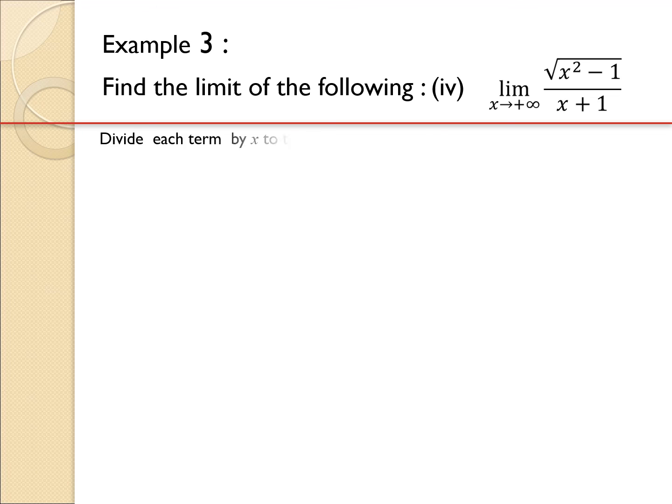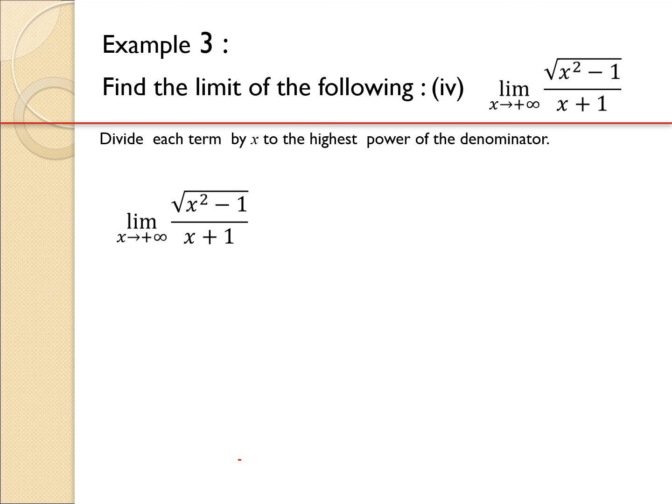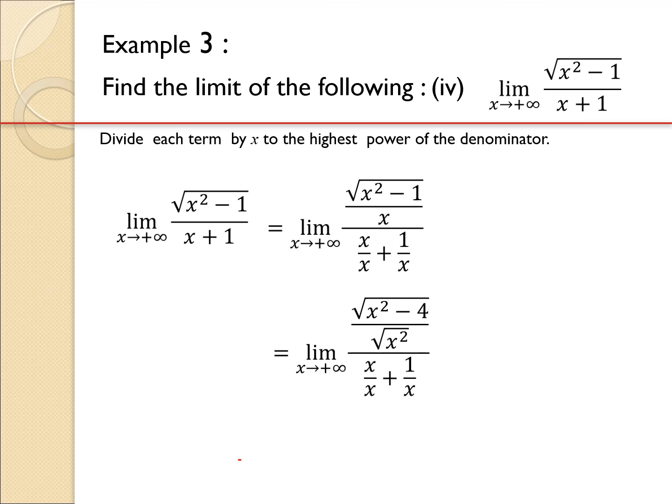Okay, number 5. Divide each term by x to the highest power of the denominator. Limit x approaches infinity, square root x squared minus 1 over x plus 1. So divide by x.